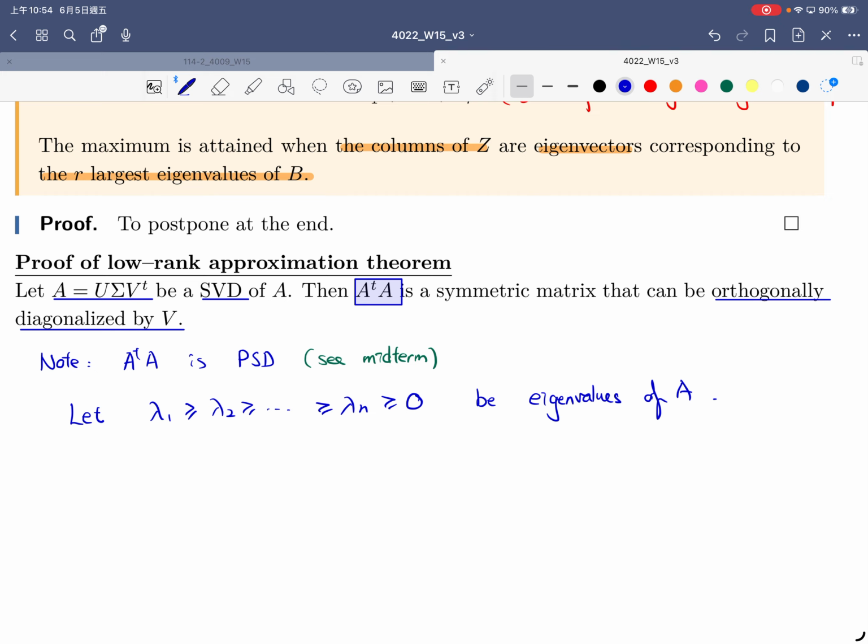And then every eigenvalue has a corresponding eigenvector, so let V1 up to Vn be an orthonormal basis of eigenvectors of A transpose A, such that V1 is an eigenvector for lambda 1 and so on, so A transpose A V i equals lambda i V i.